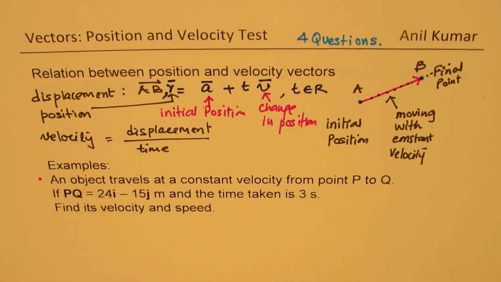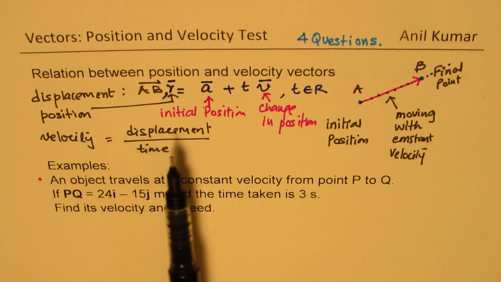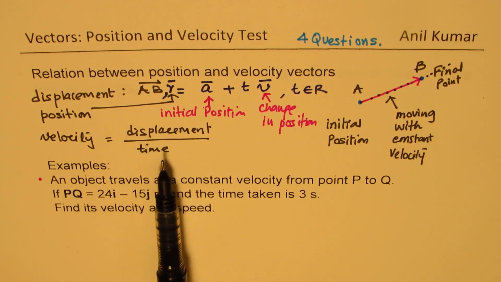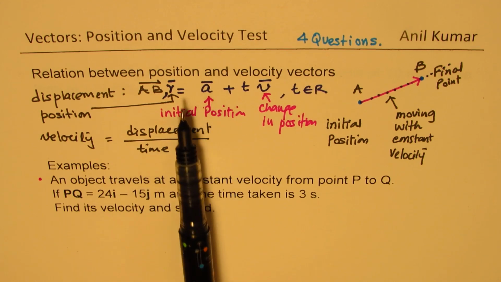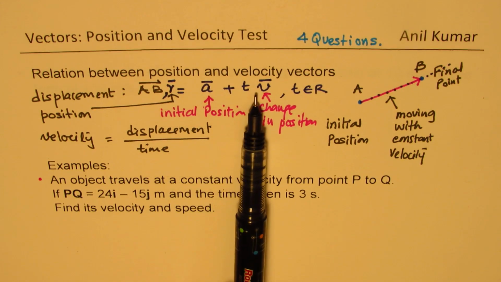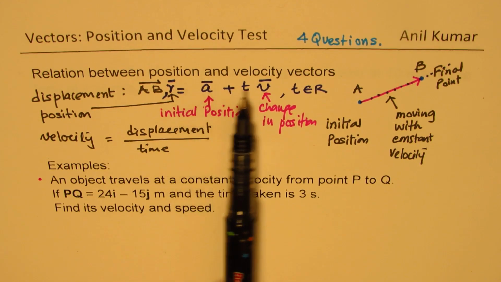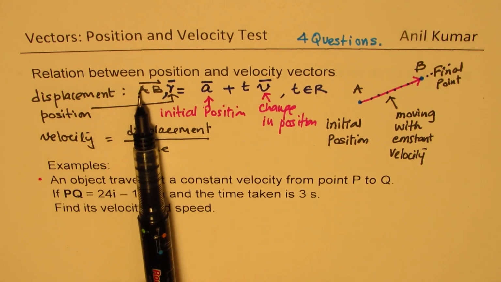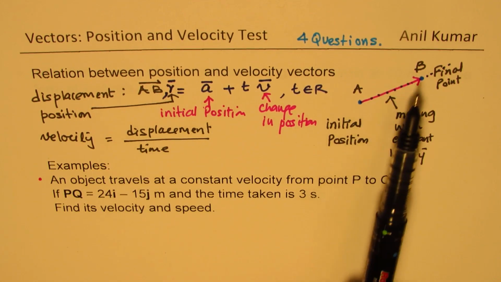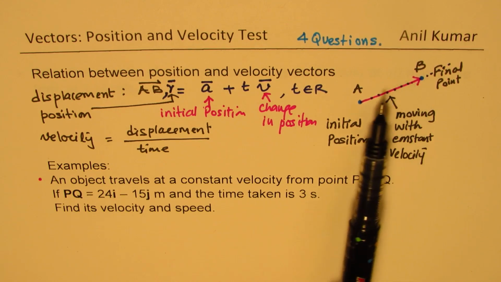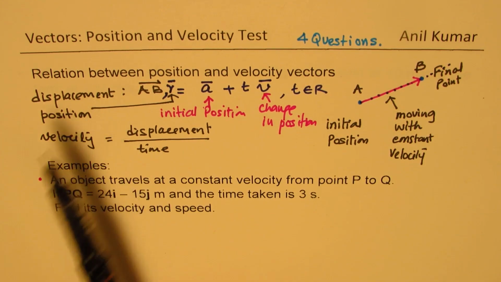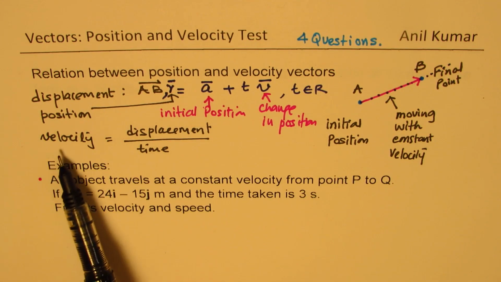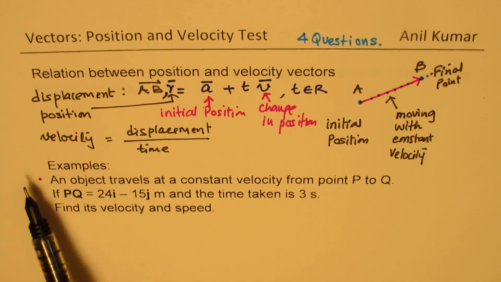And velocity, we can say average velocity when we consider displacement divided by time. So the position will be given by this vector equation, right? For displacement, you have to consider two values, in this case A and B. The difference between their values will give us a displacement, right? So we get velocity as displacement over time.